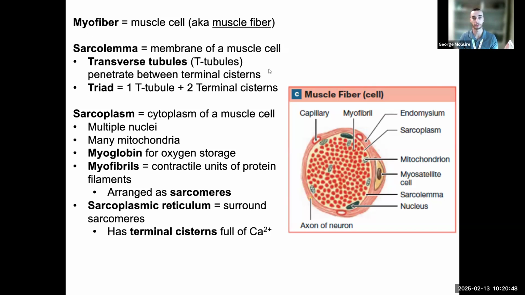That is going to allow for action potentials from a neuron to stimulate an action potential on the muscle cell, on the sarcolemma, and that action potential will travel all the way down into these T tubules, which is going to cause a reaction deep within the cell at these terminal cisterns, which we'll talk more about in a second. So that one T tubule, that one penetration down into the cell with the two terminal cisterns that it is surrounded by, that structure is referred to as a triad. So we have three things, two terminal cisterns, one T tubule, that forms our triad.